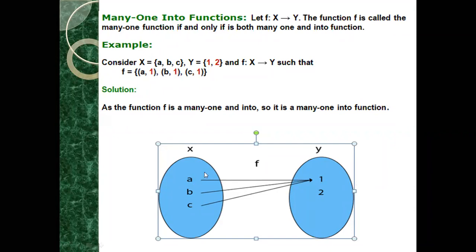Many to one: different elements of the domain have the same image in the codomain. Into: an element of the codomain does not have a pre-image in the domain. So f is a many to one into function.